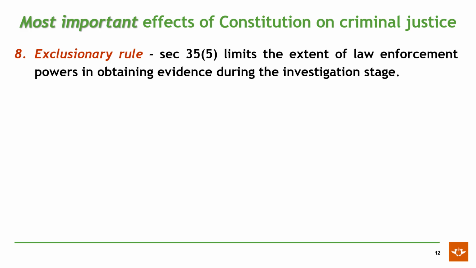Now, the court is given a testing right, and if the court comes to the conclusion that the exercise of state power in a certain context was not justifiable, it could have an effect on the admissibility of the evidence at trial.